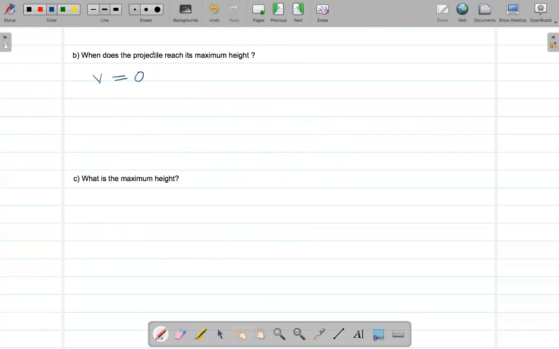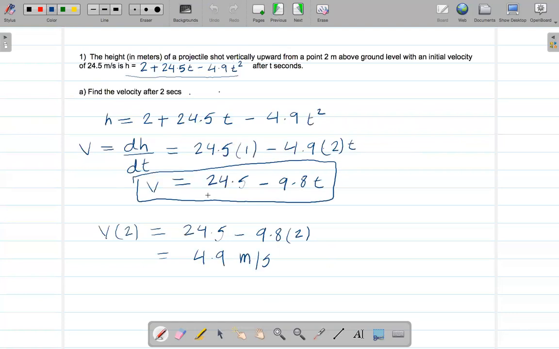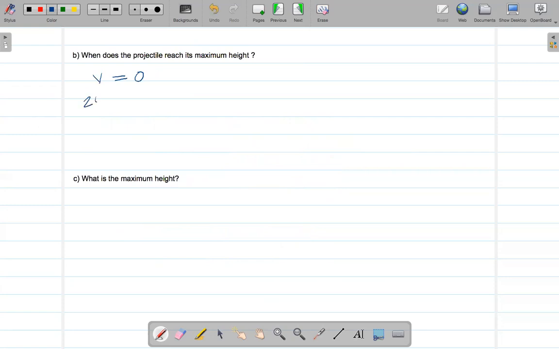And the v value, we just said that v is this, 24.5 minus 9.8t is equal to 0.